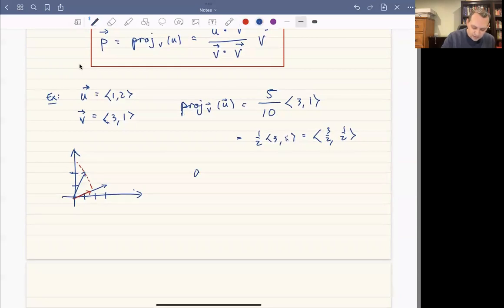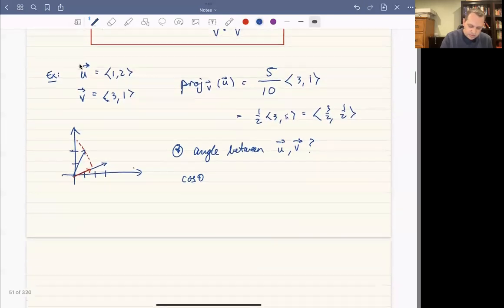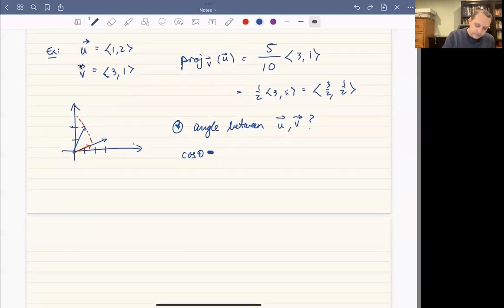We could also, since we have these vectors already kind of drawn out, talk about what's the angle between them. So what's the angle between U and V? Well, to do that, what we know is that the cosine of that angle, let's call that angle theta, cosine of theta turns out to be the dot product of U and V, so that's U dotted with V divided by the length of U times the length of V. And so the dot product of U and V we already computed to be 5.